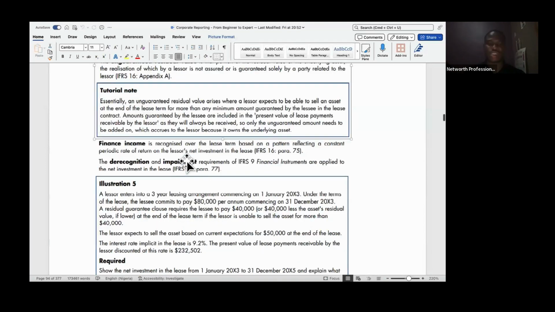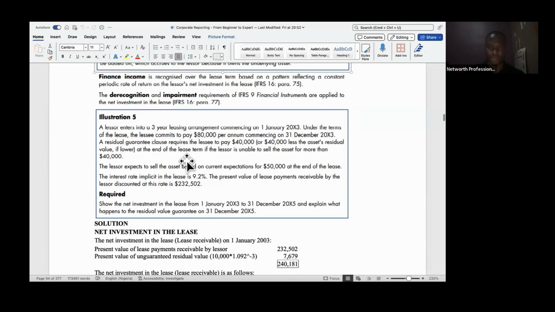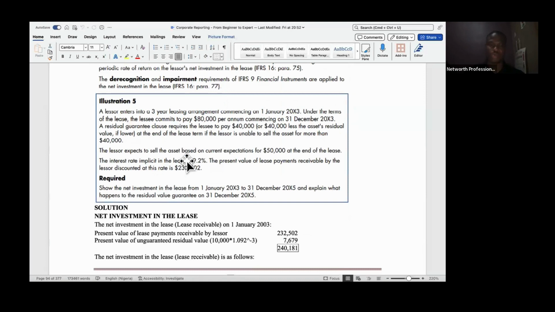Let's use an example to explain this simple principle I've just pointed to you. This question says that a lessor enters into a 3-year leasing arrangement commencing on 1st January 2003.